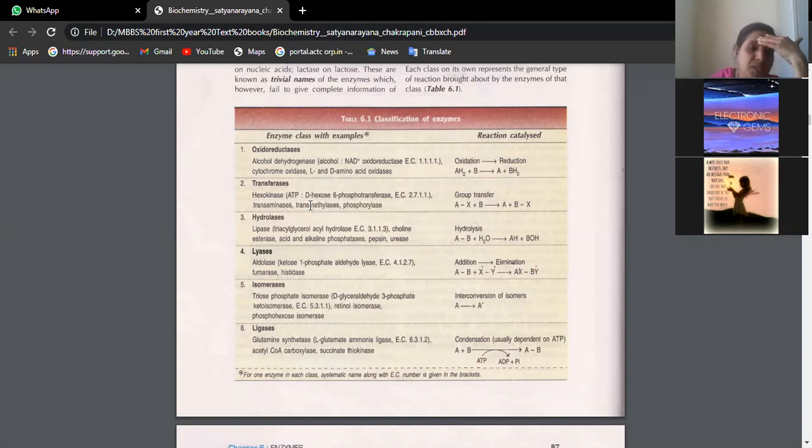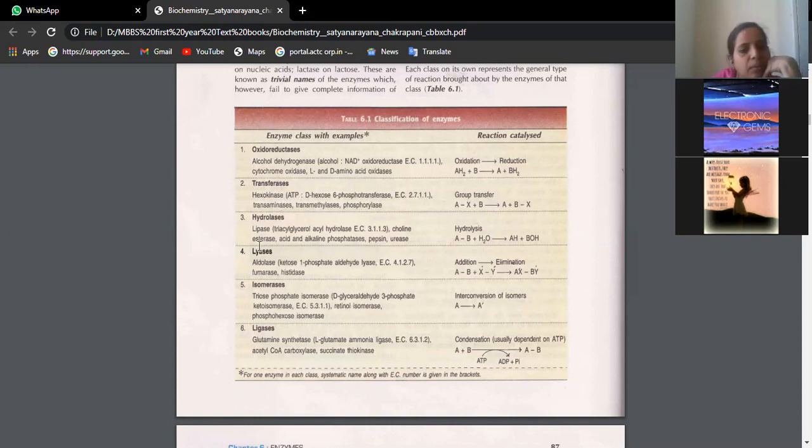In transferases, a group is being transferred, so glucose can be converted to fructose and fructose to glucose. For such reactions we have enzymes like hexokinases. You will come across this during glycolysis, where hexokinase is the word used.